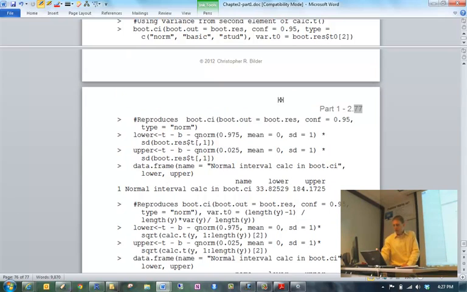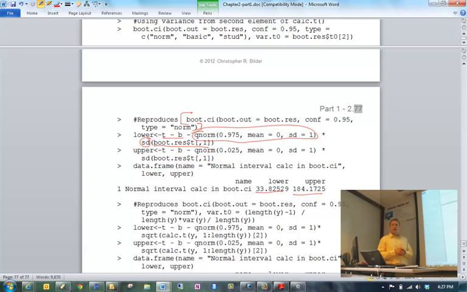I can find my lower bound for my interval as t minus my 0.975 quantile from a standard normal, times the standard deviation of all the t stars. That's going to be my lower bound. My upper bound is found in a similar way. And here is my corresponding interval.